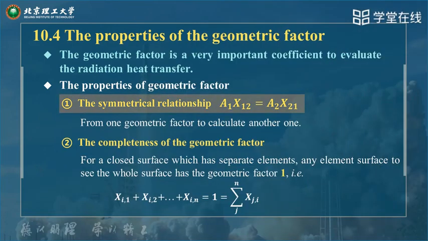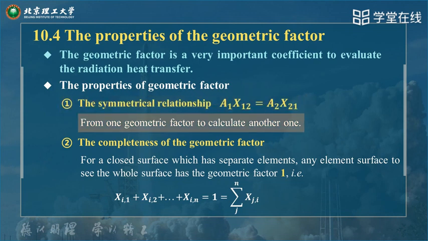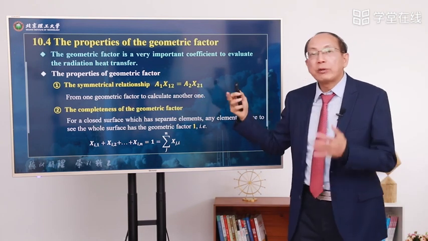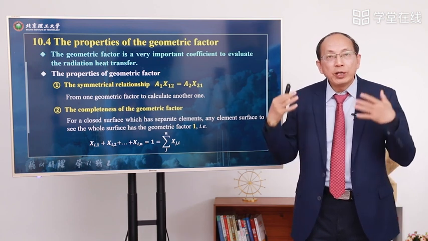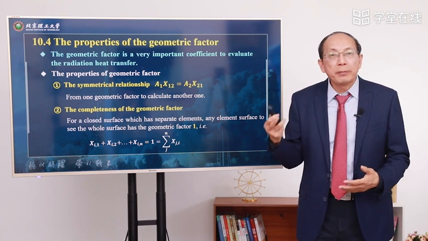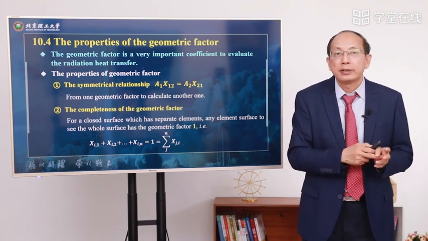One, the symmetrical relationship: A1 times x12 equals A2 x21. From one geometrical factor we can calculate another one. There are 4 parameters; if we know 3 of them, we can calculate the next one.